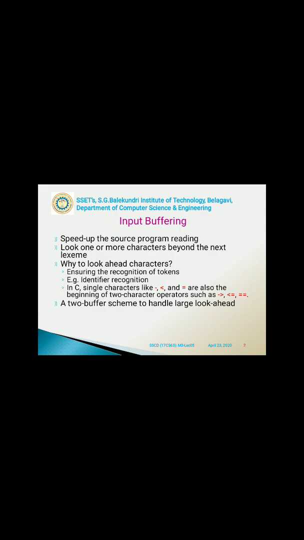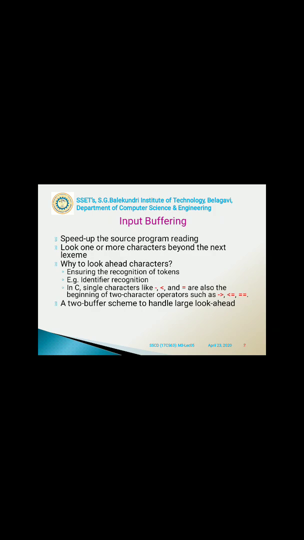As I told you, take identifier recognition itself. Assume that you have read a character, say an i. Then your lexical analyzer should not conclude by reading only i that it is an identifier.